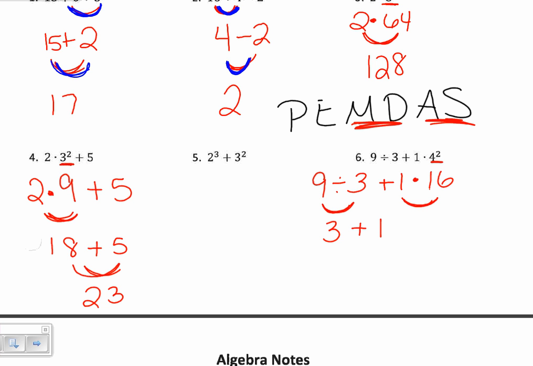And I'm going to write down everything else that I have left over. Still multiplication here, so I'm going to do that next. 1 times 16 is 16. And then last, we're going to do our addition. So 3 plus 16 is 19. As long as you're careful with what you're doing and you're following your steps and you're careful with your math, this should all work out just fine.